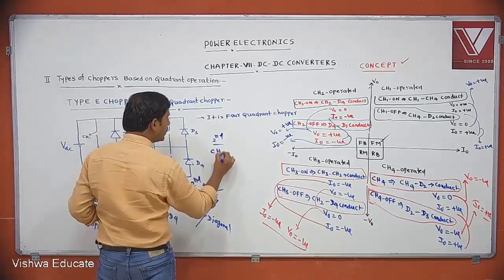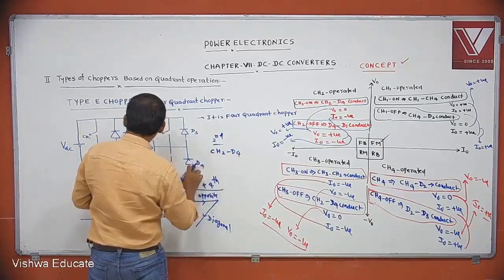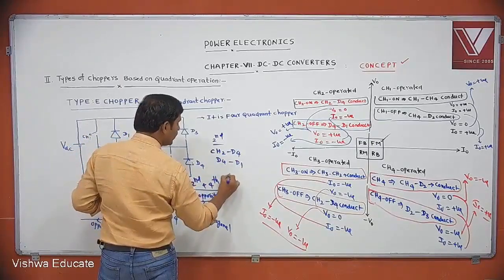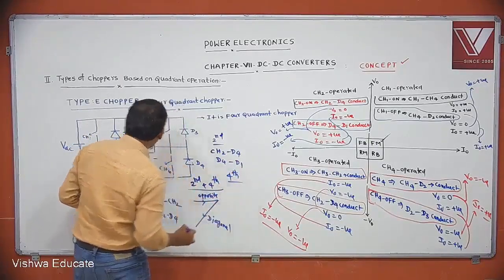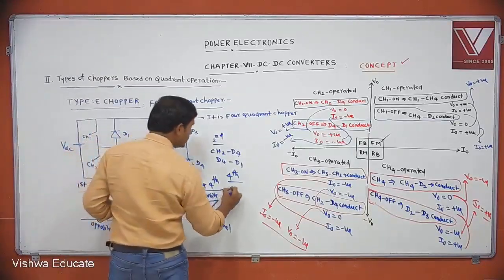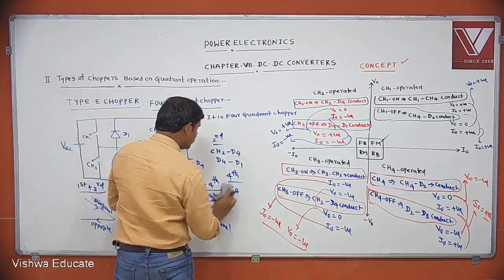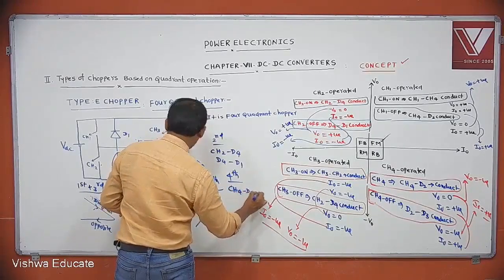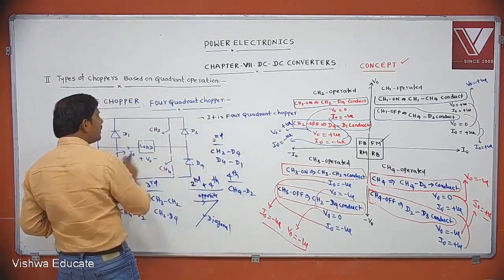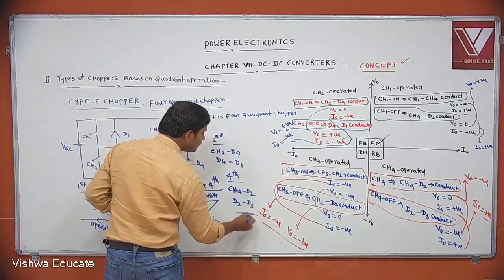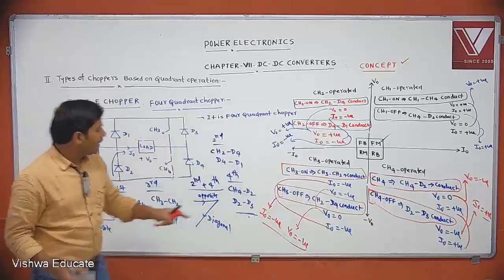Next the diagonal, D4 diagonal is D1. Then apply it for the fourth quadrant. First opposite, CH4 opposite is D2. CH4, D2. Then D2 diagonal is D2, D3. This is satisfied now.